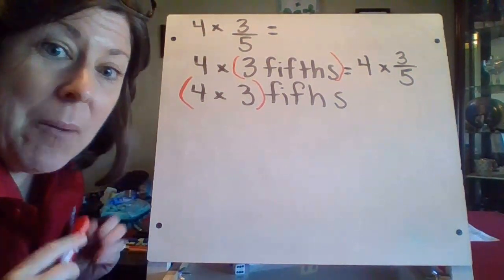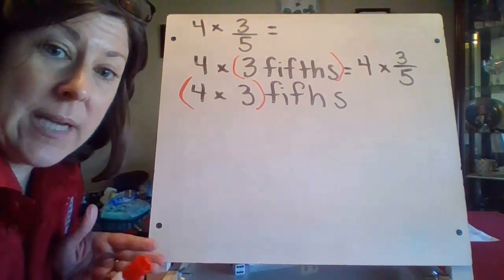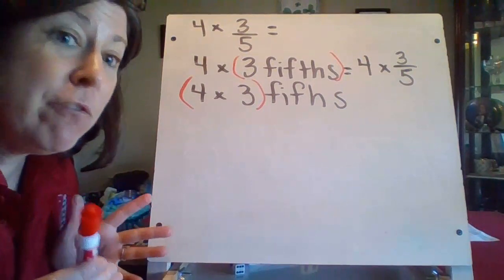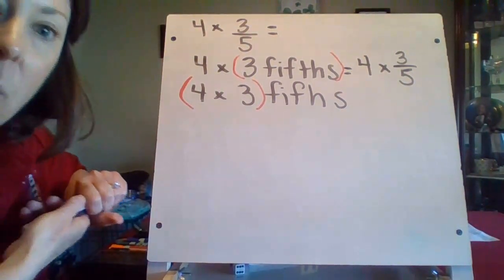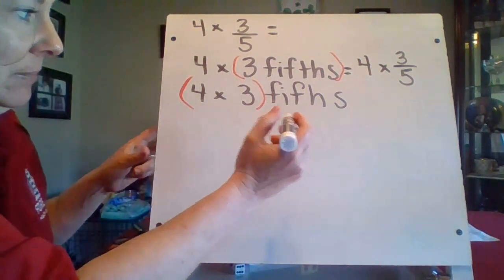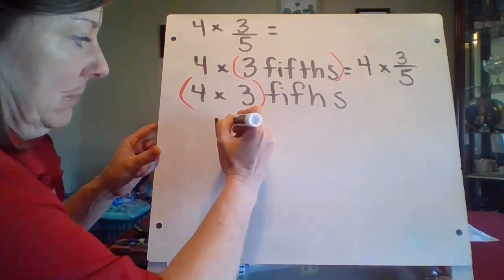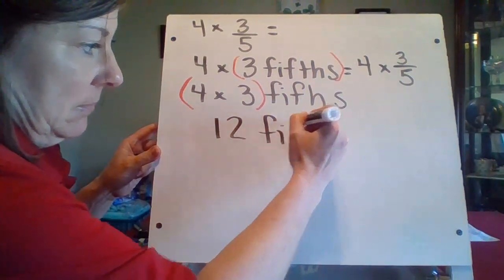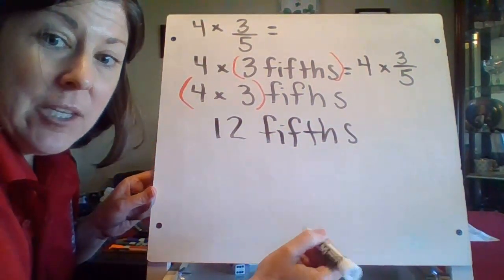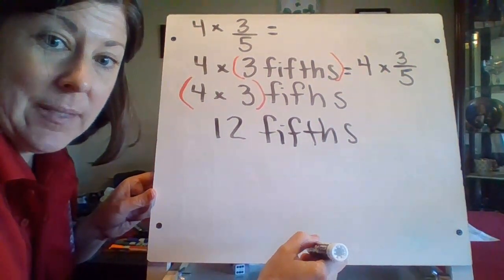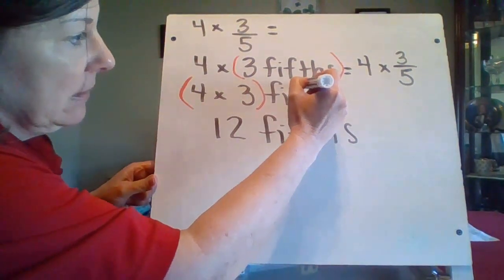And I can simply multiply the 4 times 3 to see how many fifths I have. When I do that, I end up with 12 fifths. Oh, I spelled it wrong here.